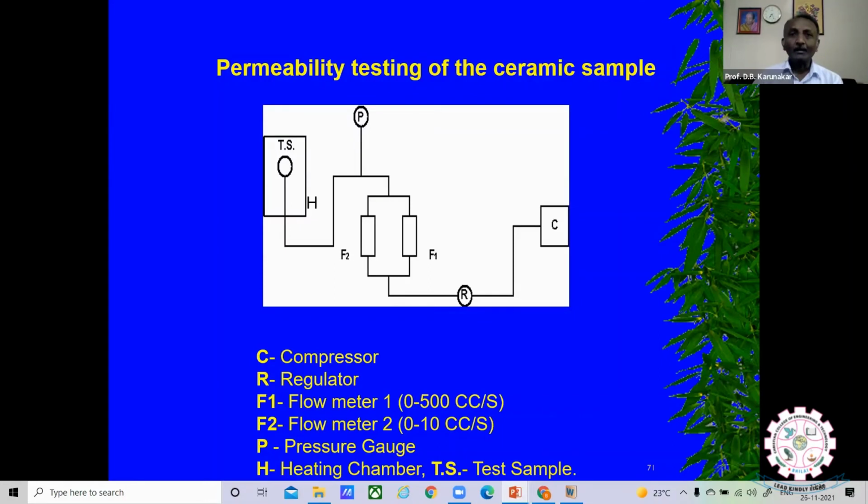That is the purpose of these flow meters. Then the air passes through the test specimen, the ping pong ball around which the ceramic slurry shell is created, and then it goes out. This is maintained at hot condition between 600 to 700 degrees centigrade. That is the mechanism.